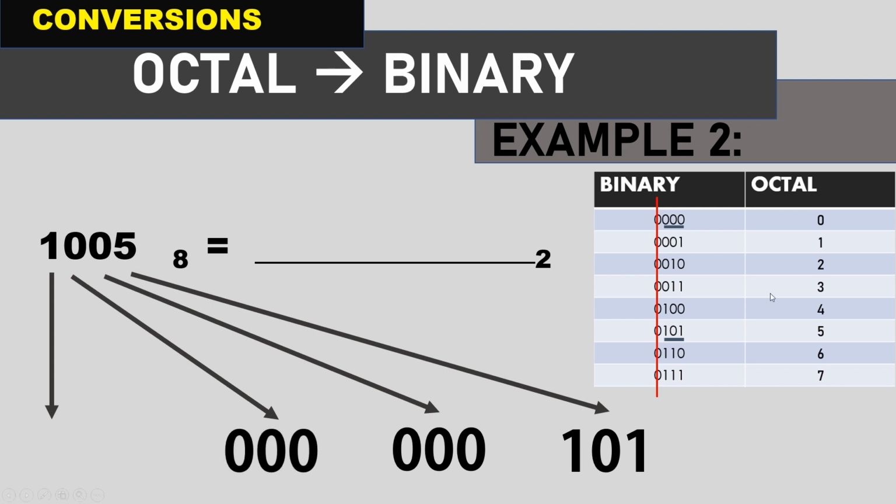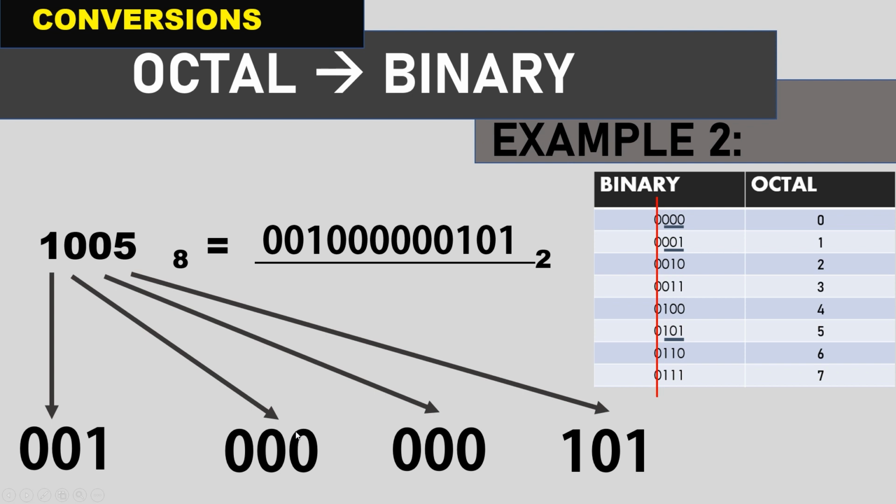Another 0 is another 3-digit 000. Then we have 1, so we have 001. Combining the digits, we now have 001 000 000 101.